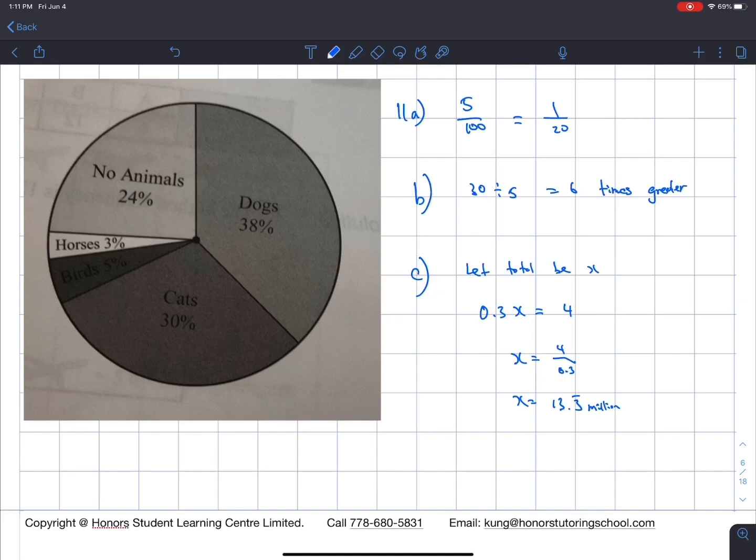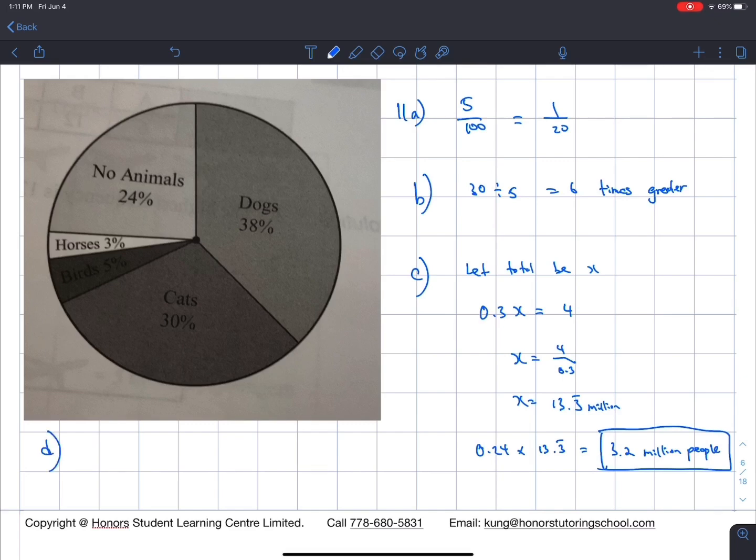How many people have no pets? No pets is 24%. So now I use 0.24 times 13.3 repeating million people. We got 3.2 million people have no pets. If 4 million people have cats, how many people have horses?